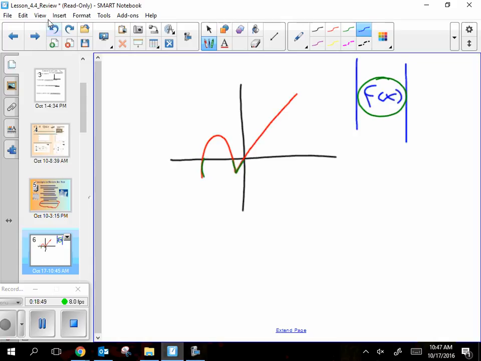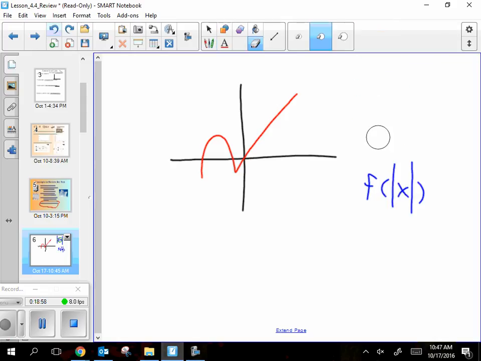Would you please now try it where I absolute value the inside? Looks like this. Tell me what you think it is.